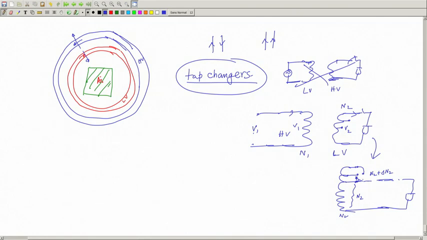But now the question is, listen to me, should I put the tap changer on the LV side or HV side? The condition is that I will be operating this tap changer under load condition.